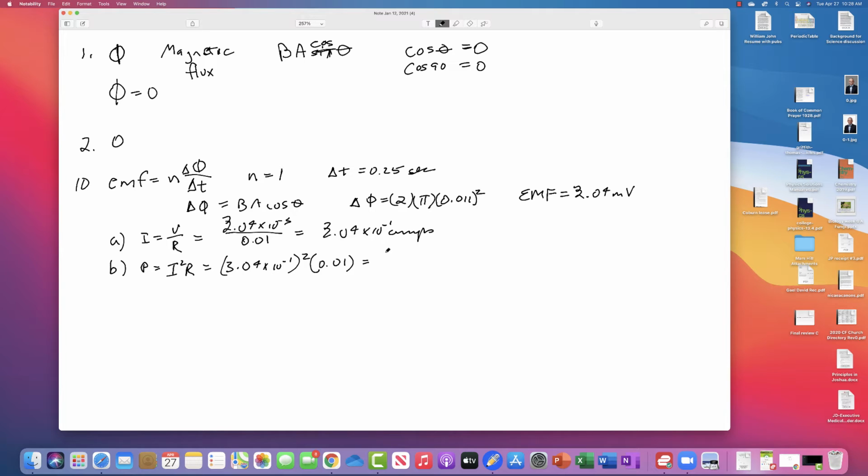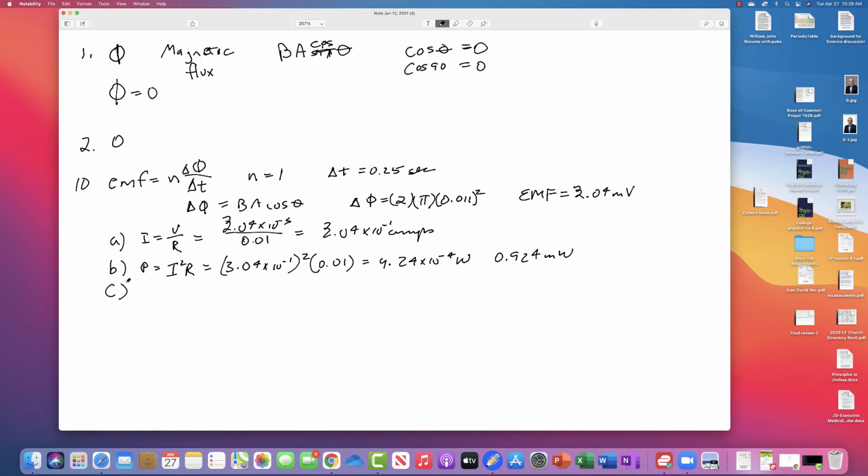And if you do the math here, you get 9.24 times 10 to the minus 4 watts, or 0.924 milliwatts.